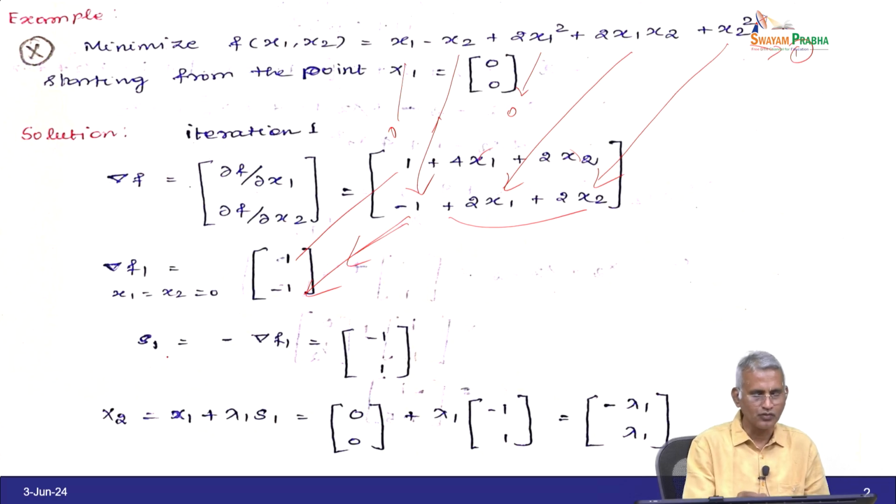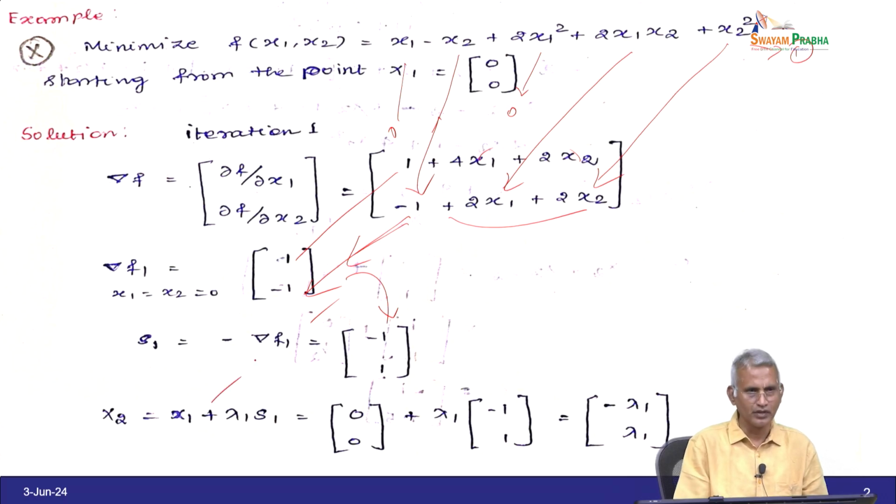Now, the rule is S1 equal to minus del f1. So, what we got earlier, del f1, we multiply with the minus. The first one is positive, therefore minus 1, the second one is minus of minus, plus 1.